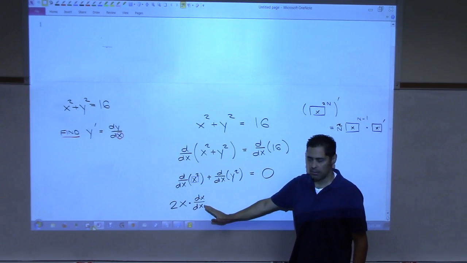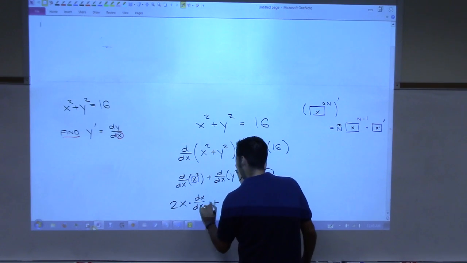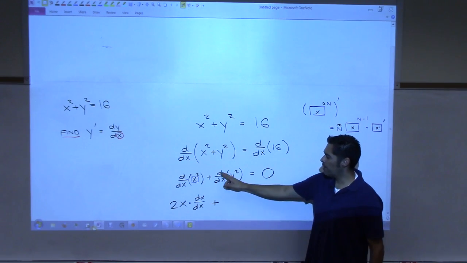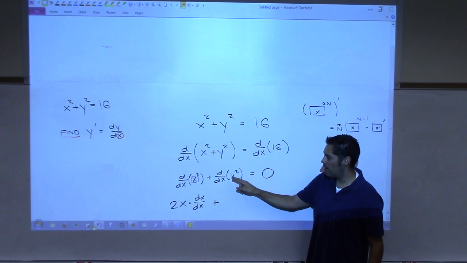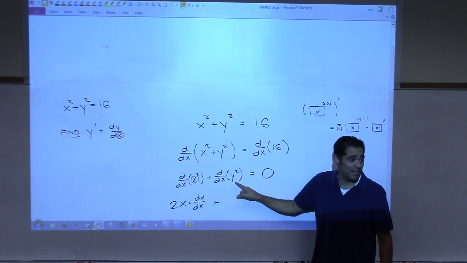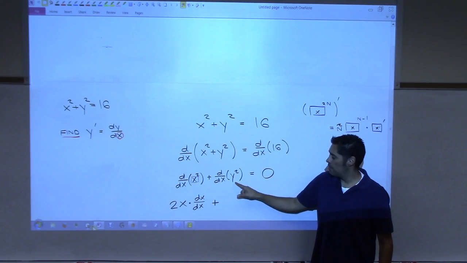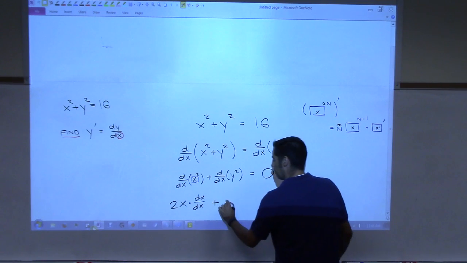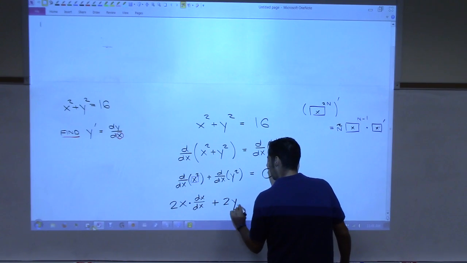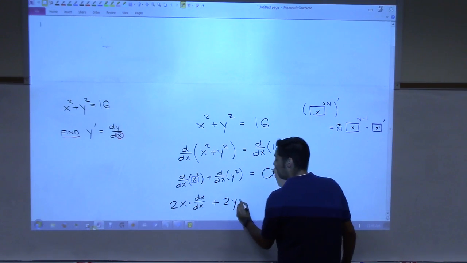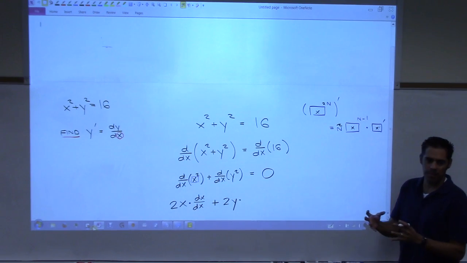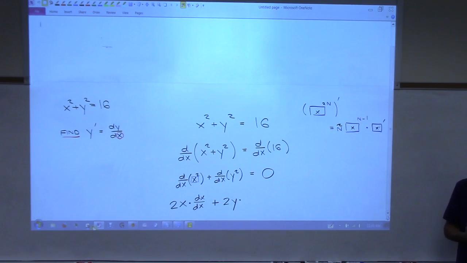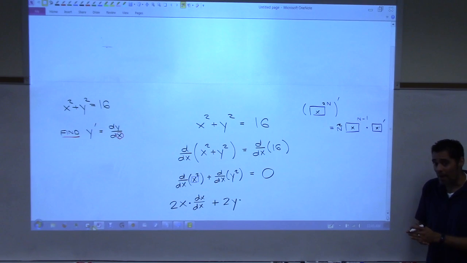Questions? Plus, what is the derivative with respect to x of y squared? So now y is the box, right? So 2 drops out, 2y, chain rule, times, now this is the critical thing, we're now taking the derivative of y with respect to x.